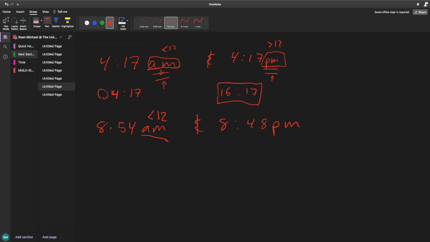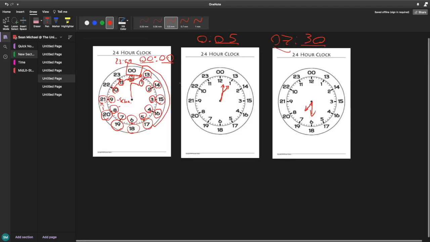This number is smaller than 12. So it's going to be 0854. Now we come over here and we see PM, we know this is going to be bigger than 12. And so this is going to be 8 plus 12, right? So you add the 12 because it's 8 hours past 12, right? When you get to the 12, it normally resets.